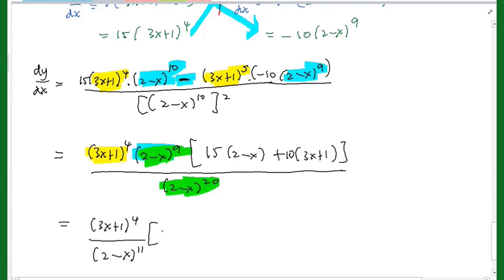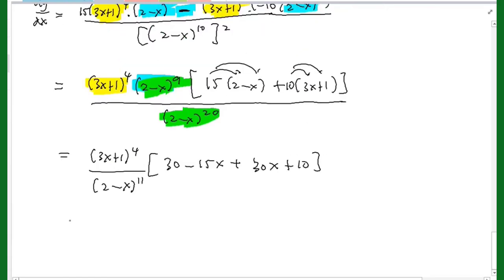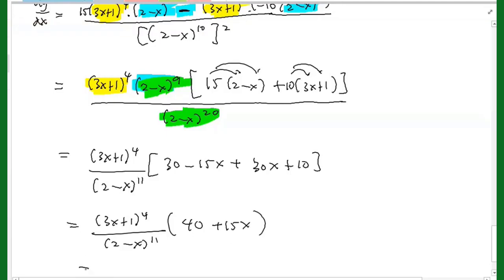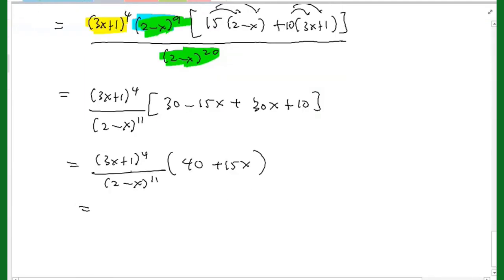And here is expand: 30 minus 15x plus 30x plus 10. Expand. Then simplify. This one is 40 plus 15x, then simplify 40 and 15 by 5, right?